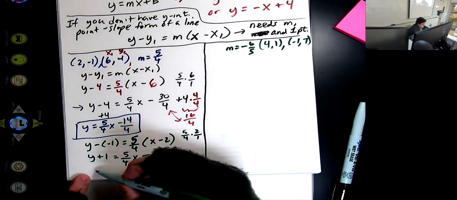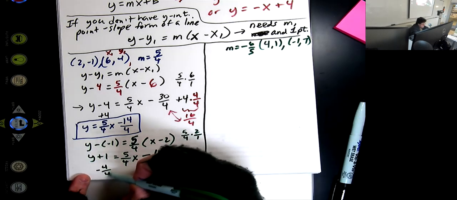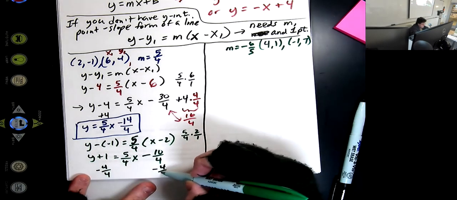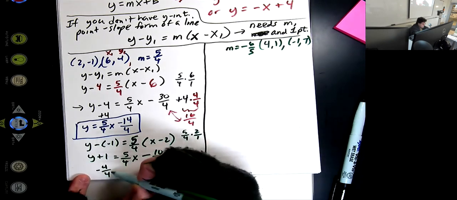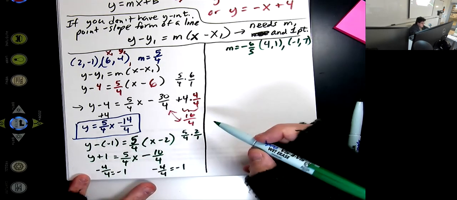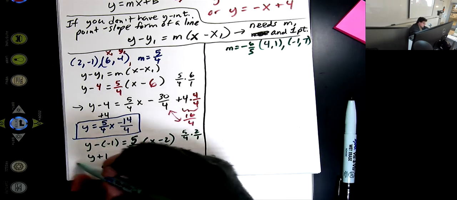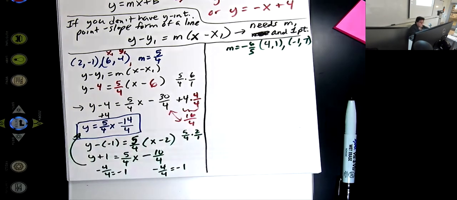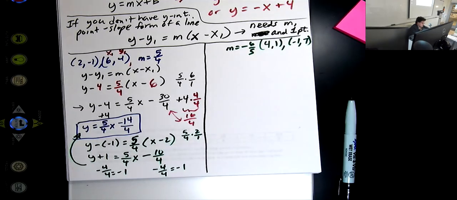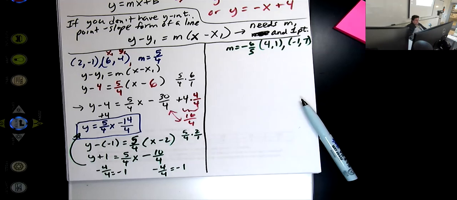And if I subtract 4/4, which is 1, or -1, I'm going to get this line right up here. I get the same form that we have up there. So it doesn't matter which point you plug in. If you work it out, you should get the same equation. Which is actually a handy way to check the work.